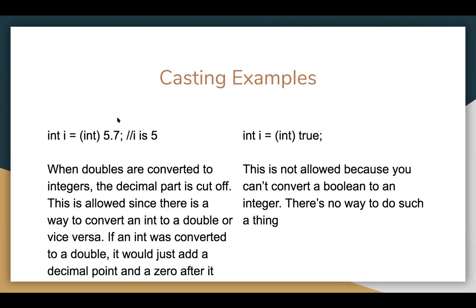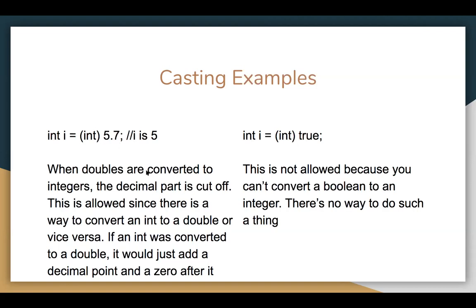So notice here that 5.7 is a double, and originally, if we didn't have these parentheses over here, it wouldn't be allowed since 5.7 isn't an integer. But in this case, it's allowed because we're casting now. So what casting is, it's mainly just this thing inside parentheses. And if you printed this variable out, it would output 5.